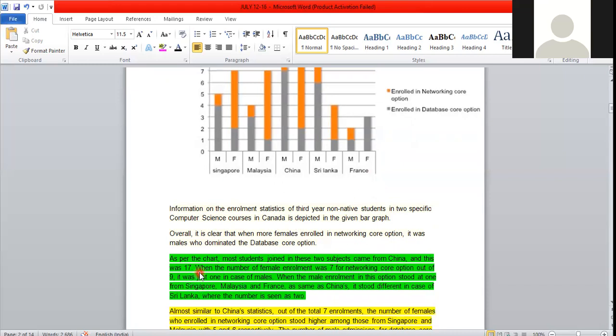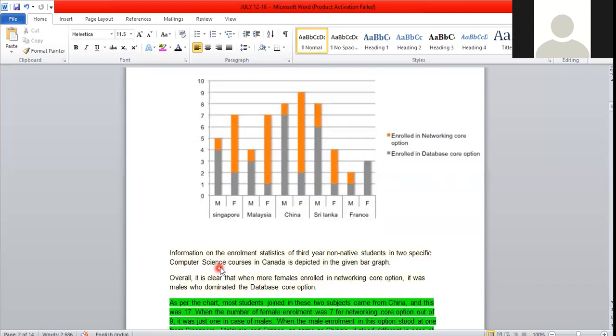As the chart shows, it's clear from the chart, most students joined in these two subjects from China. This was 17, so 8 plus 9, 17.